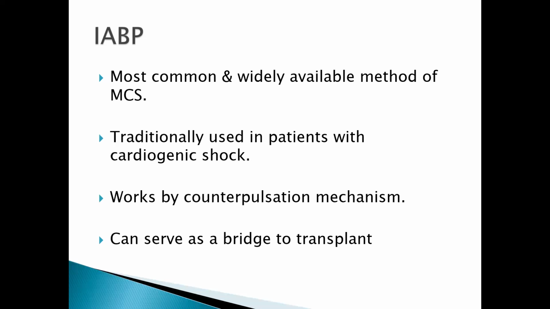The mechanism is that it works by counterpulsation, and it can also serve as a bridge to transplant, as a short-term ventricular assist. Perhaps the donor heart is already available for the patient, and you can use the intra-aortic balloon pump as an indication there. Next slide, please.